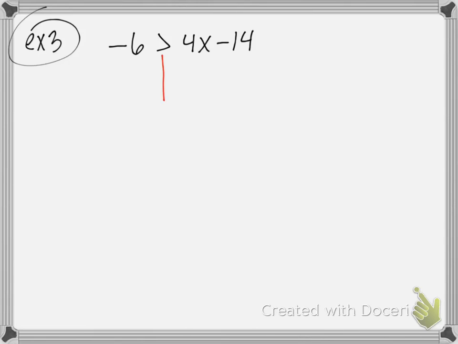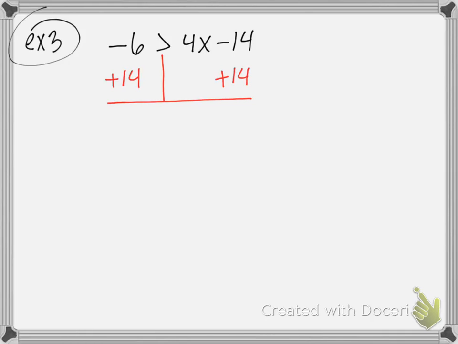There's two ways you can do it. You can leave the x over there, and I'm gonna go ahead and leave it there so that way you know what you have to do in order to get the right answer. So I'm gonna leave it there and take care of this negative 14. So I'm gonna plus 14 on both sides. Okay.